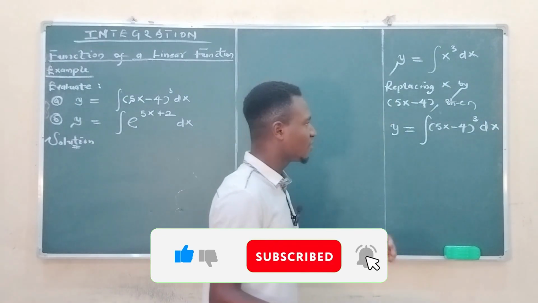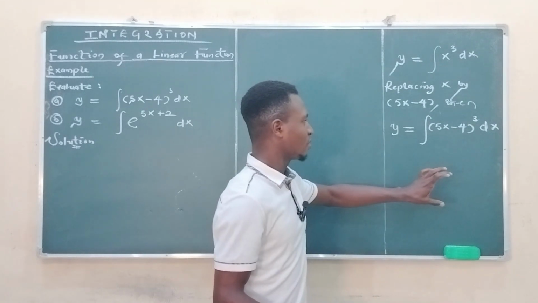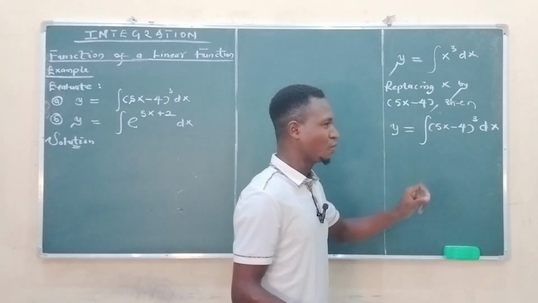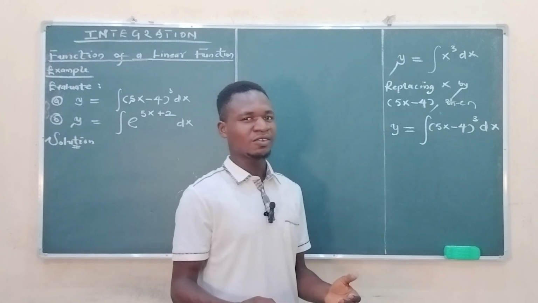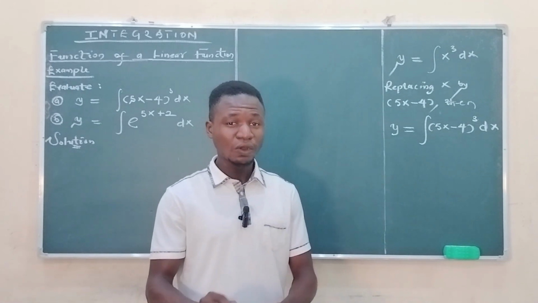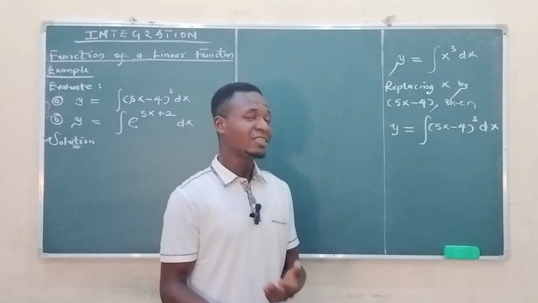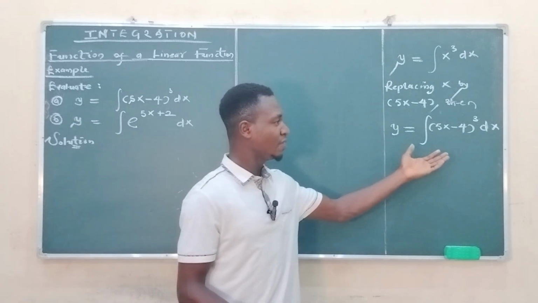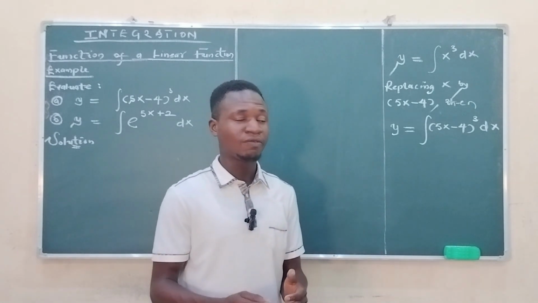So now we have a function that contains a linear function raised to the power of 3. The question is, how do we evaluate the integral of a function containing a linear function? Understanding the linear function in the given integral would help you to know how you can evaluate this.